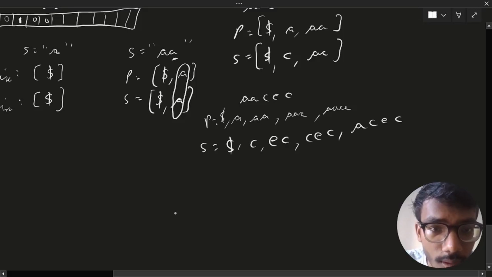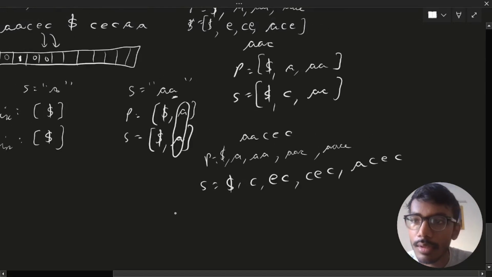Am I having a match? See, I'm not having a match. Can you find it? No, I'm not finding it. So for the value C, I'm having zero. Similarly, if you write it, you will find one here, and you would have two here.